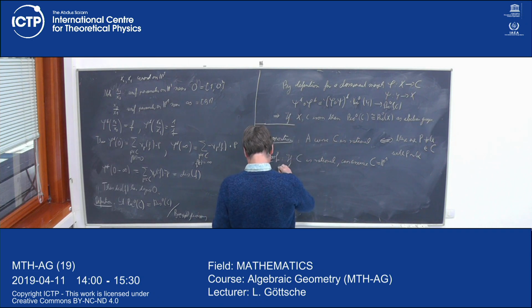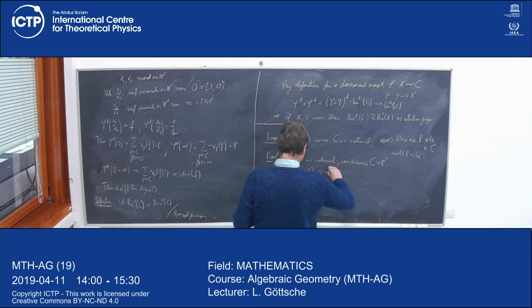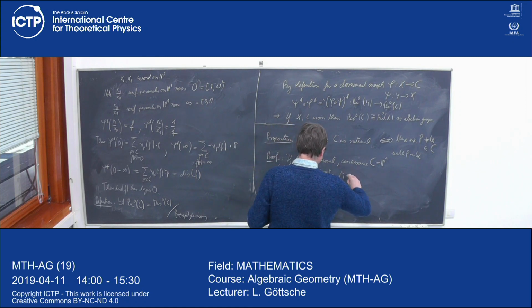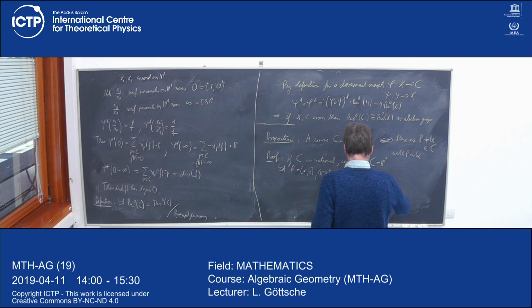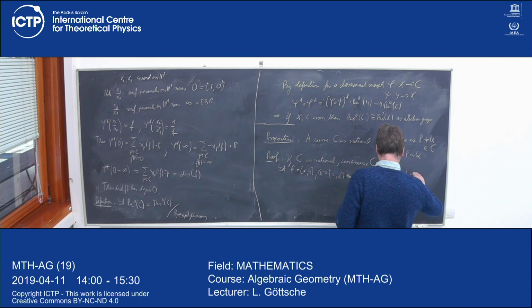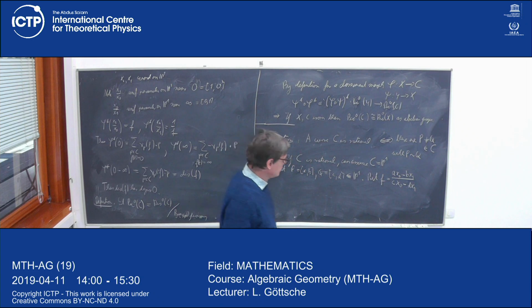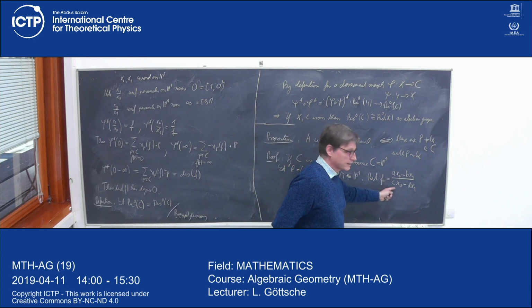So let P, equal to say (A, B), and Q, equal to (C, D), be 2 arbitrary points in P1. We put F equal to A times x0 minus B x1, over C times x0 minus D x1. I hope it's right. Yeah, I think so. And you work out immediately that the numerator vanishes precisely at the point (A, B), and the denominator at the point (C, D).